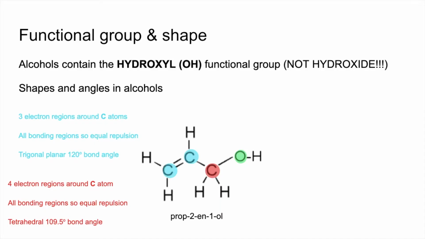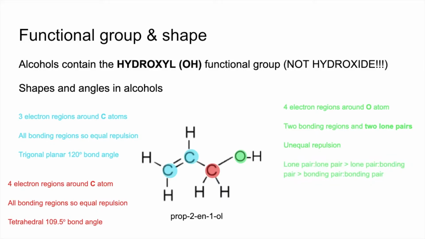So around this oxygen we've got 4 electron regions. Remember, there's 2 lone pairs on this oxygen as well as these 2 bonding pairs. So we've got 2 bonding regions and 2 lone pairs. So the repulsion won't be equal now. And if you remember the order of repulsion, lone pair to lone pair repulsion, which we have got here, we've got 2 lone pairs, that's greater than lone pair to bonding pair, which again is greater than bonding pair to bonding pair.